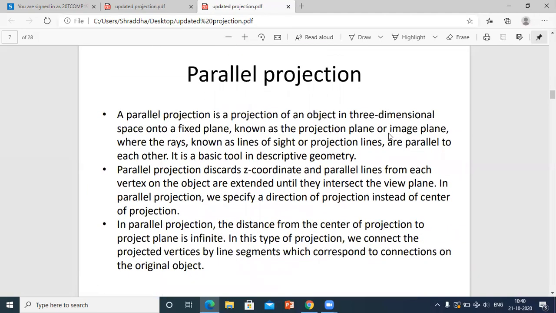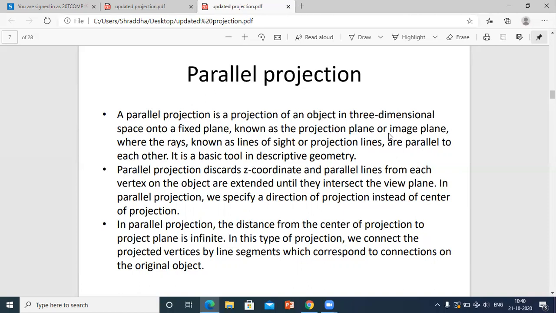Now the first type, that is parallel projections. In parallel projections, we will see in detail what happens. A parallel projection is a projection of an object in three-dimensional space onto a fixed plane. The plane is not moving, and we are projecting an object in 3D space.